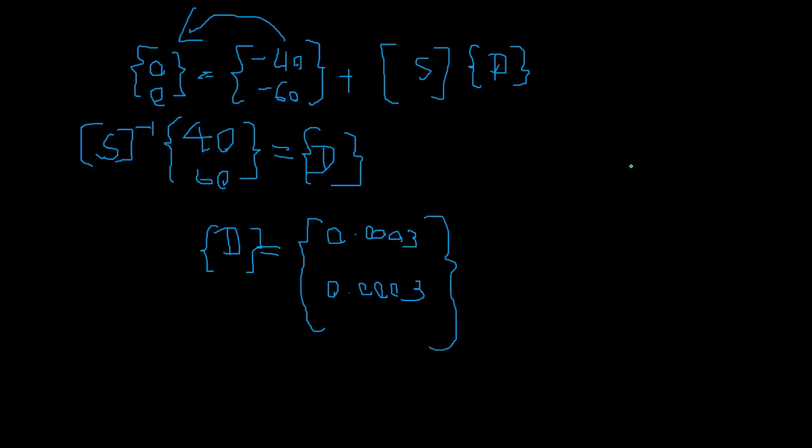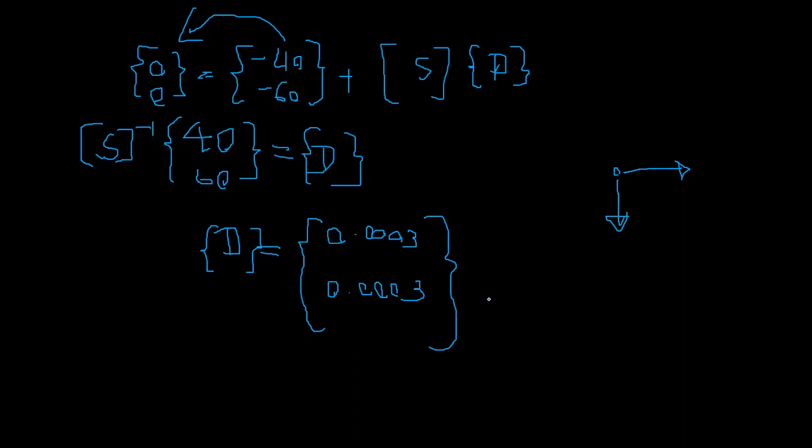Both positive. So that means at joint A, our first coordinate is in this direction, so that has moved 0.003. Along the second direction, it has moved 0.003, right?